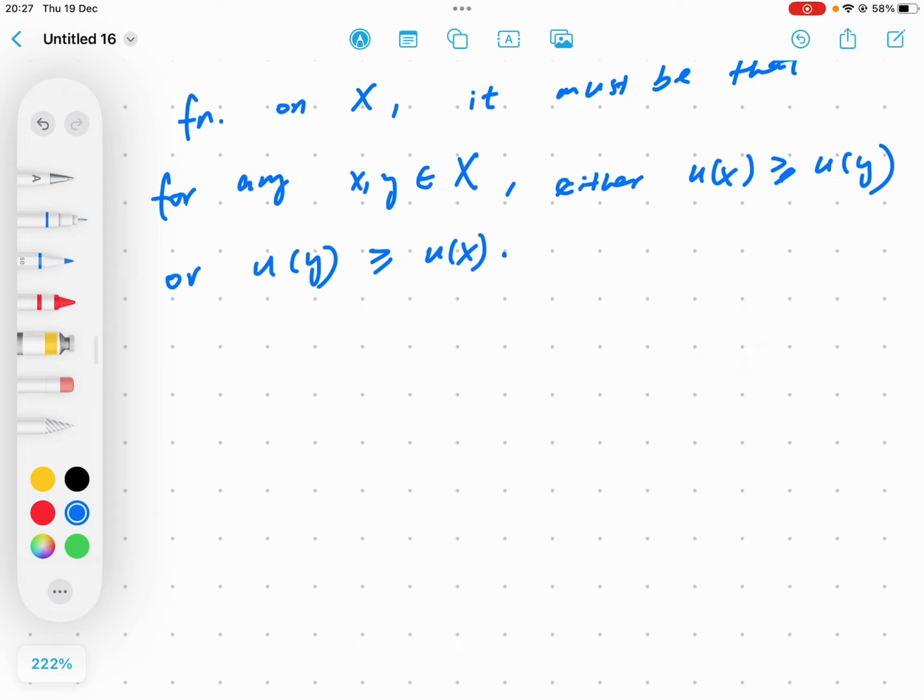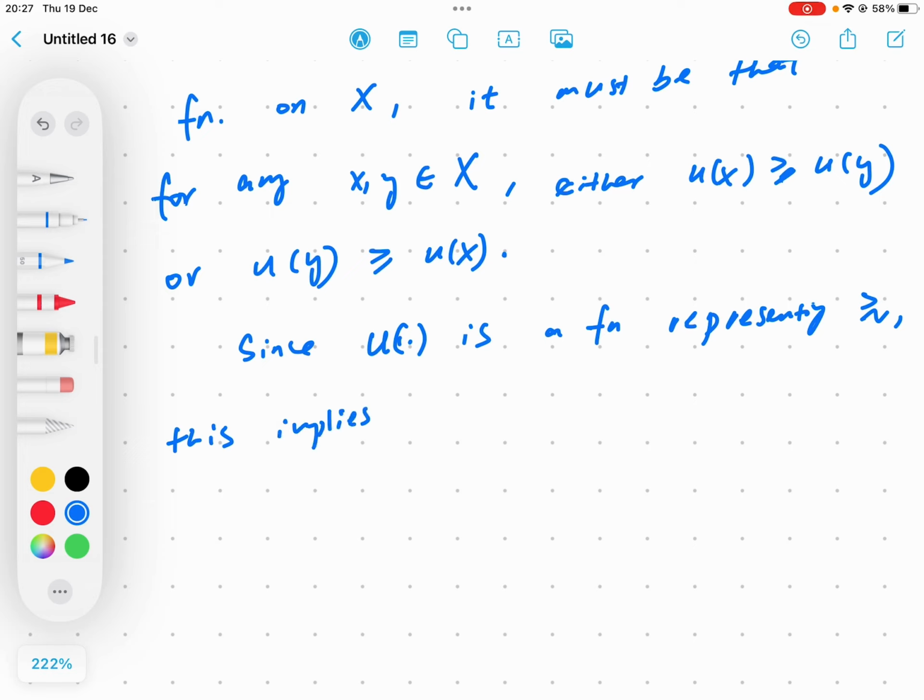Since u is a function representing the preference relation, the above result in the last paragraph implies either x is weakly preferred to y, or y is weakly preferred to x.